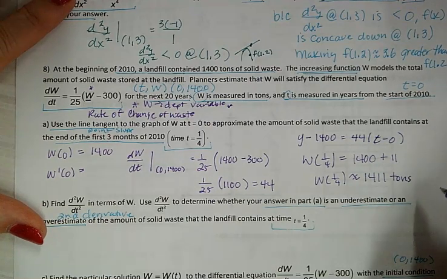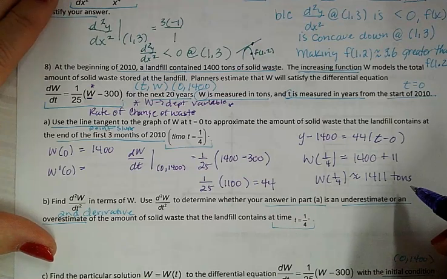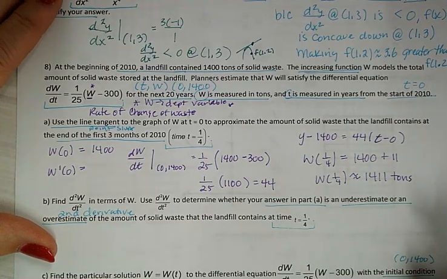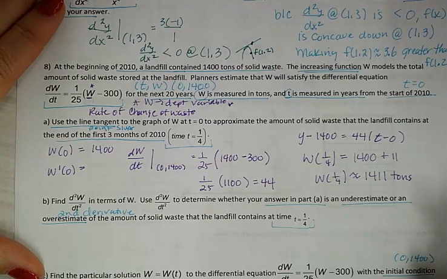So then this means that I just added 11 more tons to what I already had just after 3 months. It's kind of depressing when you think about the amount of trash that we're accumulating there. But that's what that means if you're interpreting the values that we just collected.